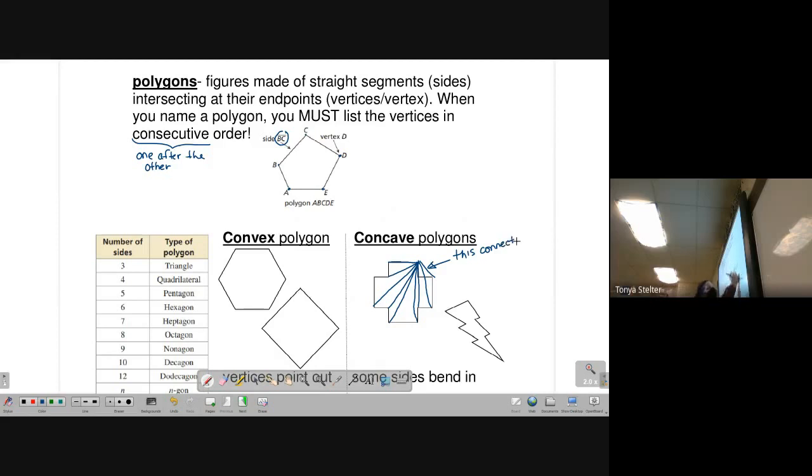I like my way of saying it, it goes in, it caves in. So because that connection is outside the figure, it's considered a concave polygon.